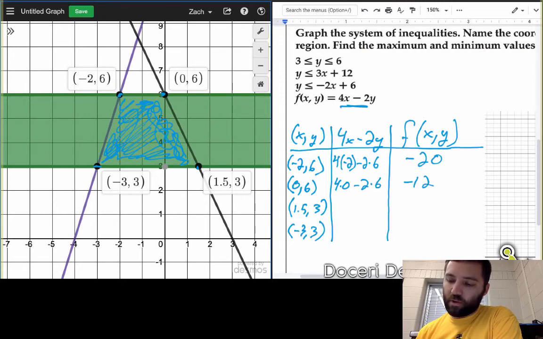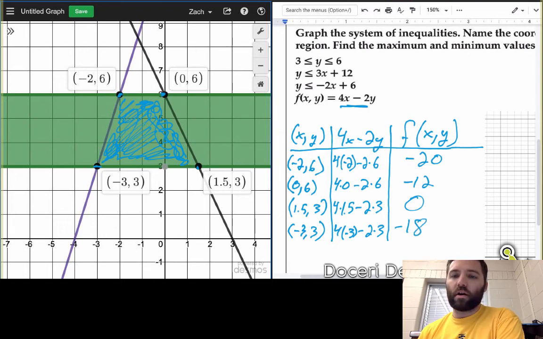Then I'm going to plug in 1.5, so 4 times 1.5 minus 2 times 3. That gives you 0. And then 4 times -3 minus 2 times 3 turns out to be -18. Okay, so there are all of our possible maximums or minimums.